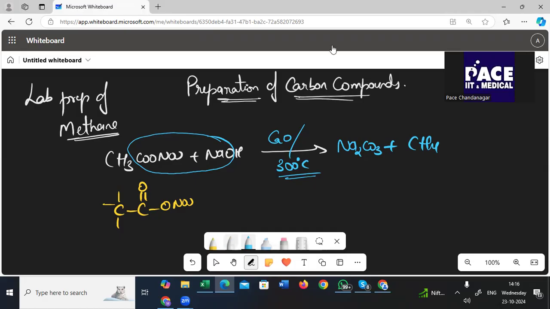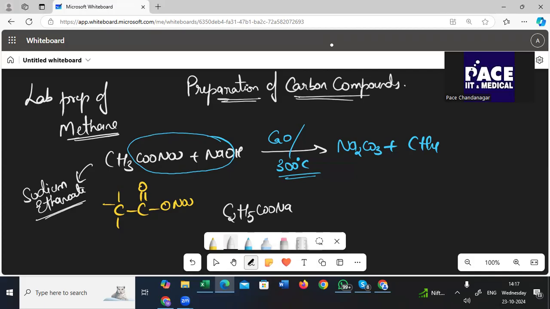Similarly, if I go with C2H5COONa, this is sodium ethanoate. It is like acetic acid, with two carbons, CH3, C double bond OH.